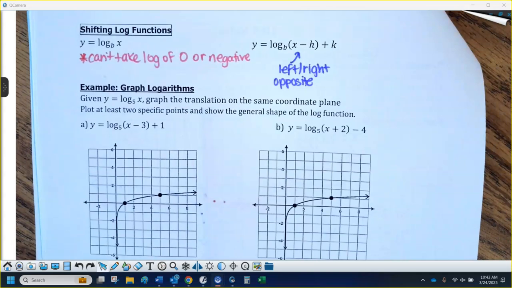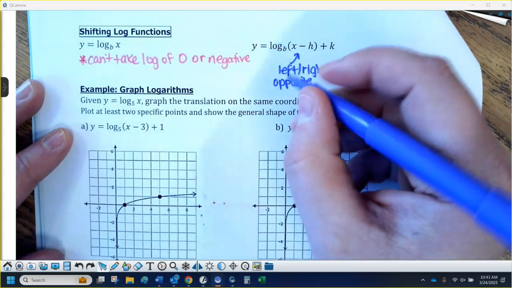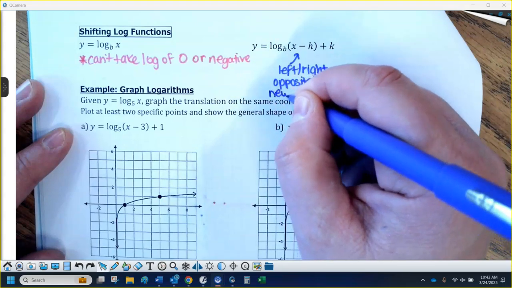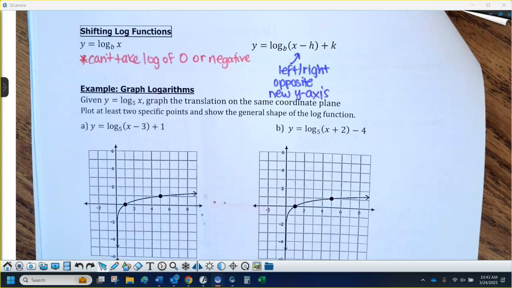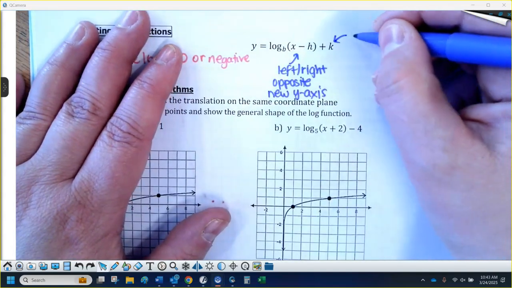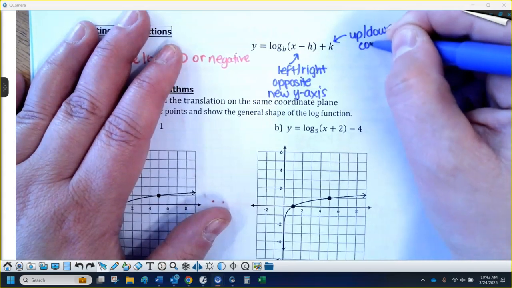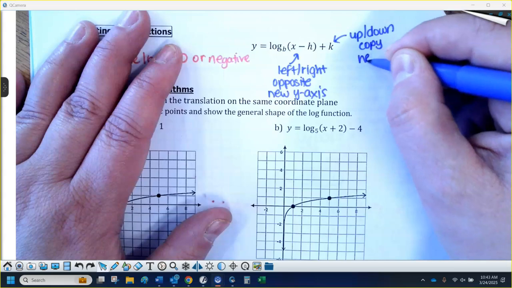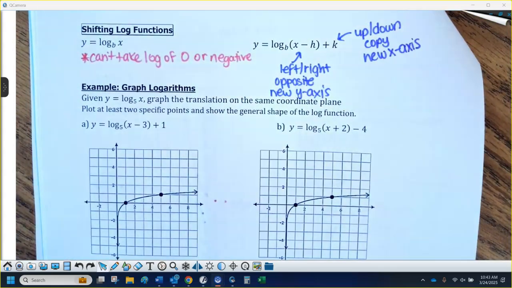And this value would be your new y-axis, whatever that h value is. Now, the k is up or down, and you would just copy that number, and that's your new x-axis.